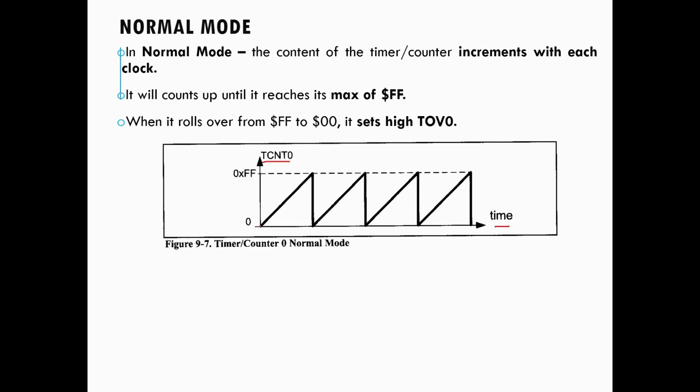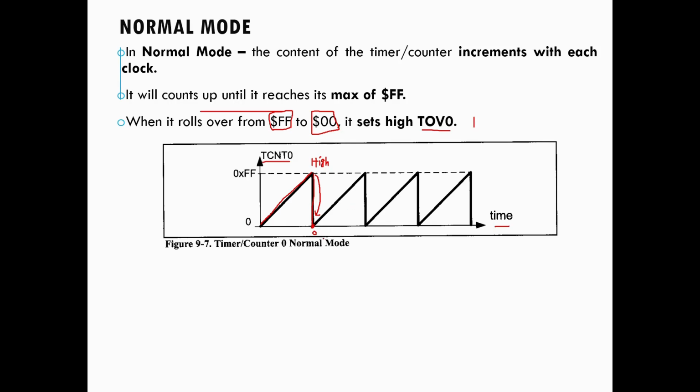Once the value of TCNT increases to the highest value it can have, which is 0xFF, it will roll over and go back to 0. At that point the TOV flag goes high, to 1.